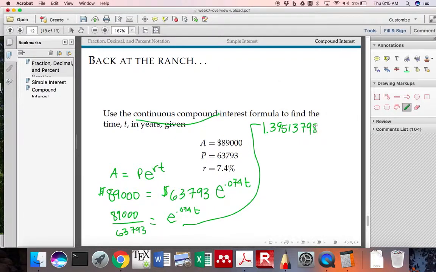We'll go one more. 8 equals e to the 0.074 t.